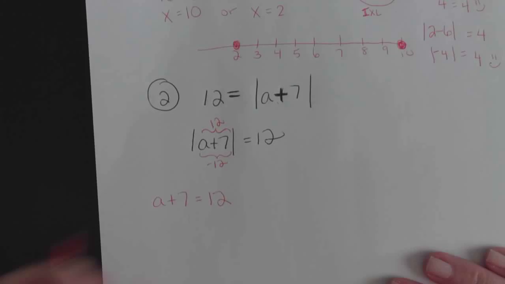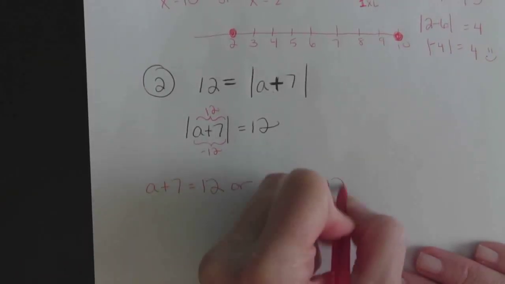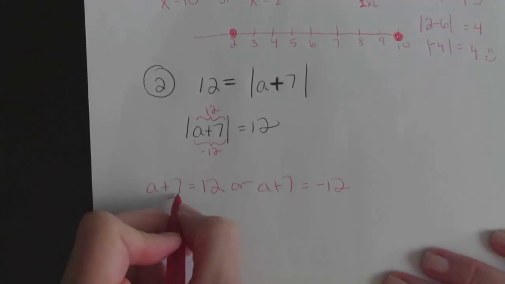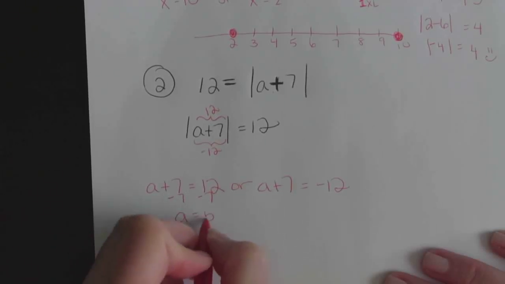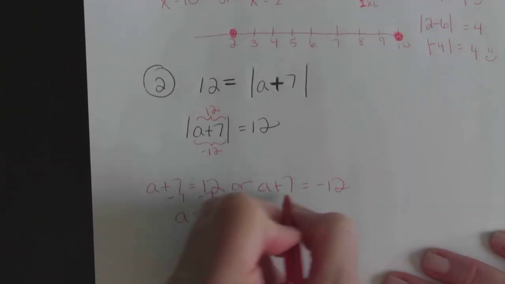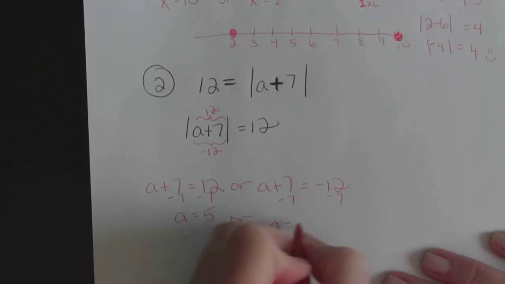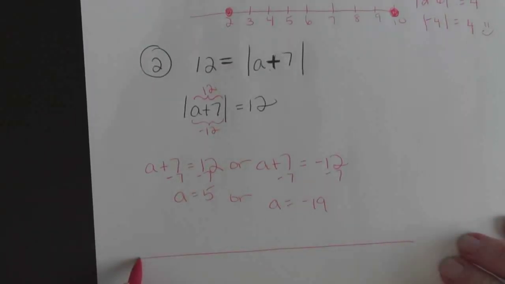So a plus 7 could make a 12, or a plus 7 could make a negative 12. And so I solve. Minus 7, minus 7. That gives me a equals 5, or minus 7, minus 7, a equals negative 19.